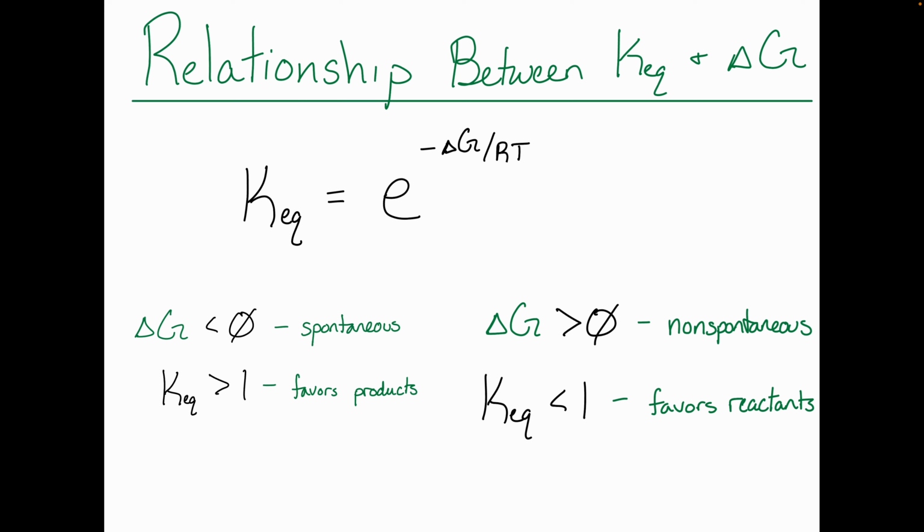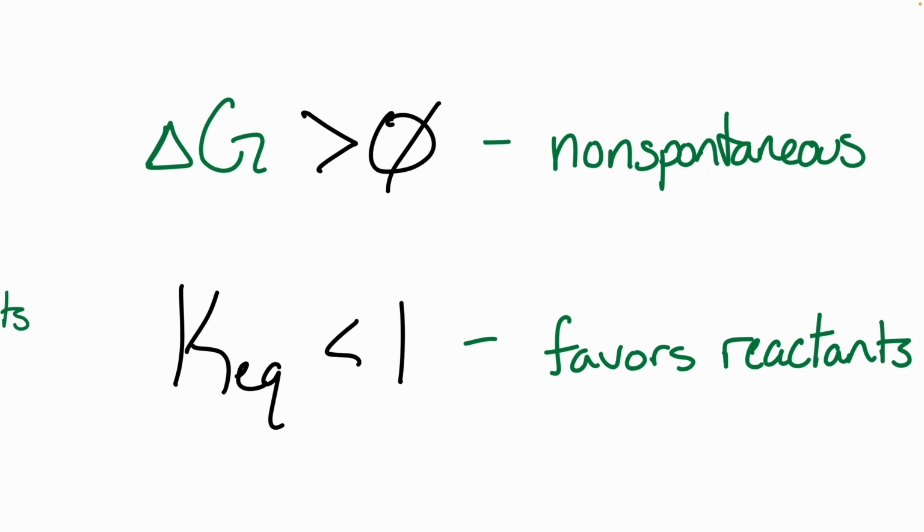All right, so because of that, that term non-spontaneous can be a little misleading in certain situations. It's helpful to remember that it really means that the reaction favors the reactants. So when we say non-spontaneous, we mean it's going to be spontaneous in the reverse direction.